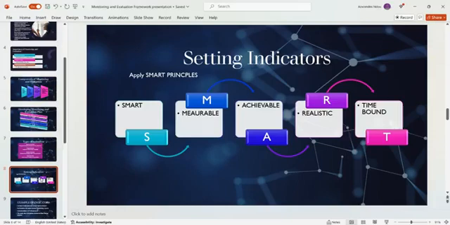Because of these issues, you don't have the SMART indicators. You can't achieve your goals because remember, the indicators are the instruments that you use to measure.